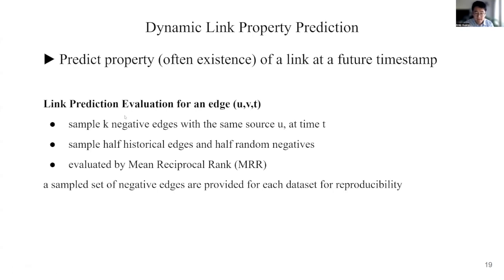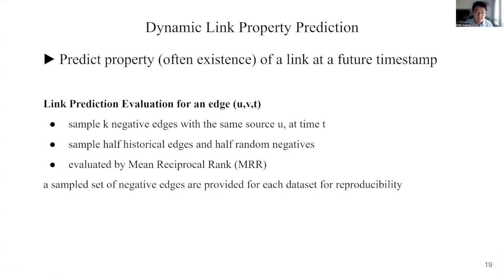And for the evaluation of this task, we are looking at the link prediction evaluation for a given edge, (u, v, t). So for node u to node v at time step t. And in order to evaluate this edge in the test set, you would first sample k negative edges from the same source. So here you would fix the source node, and then you would sample k different destination nodes for time t.